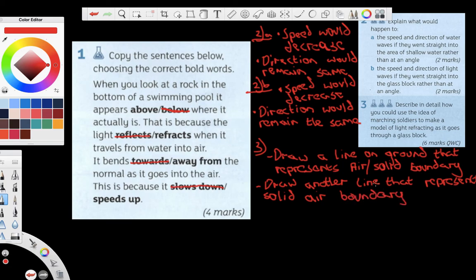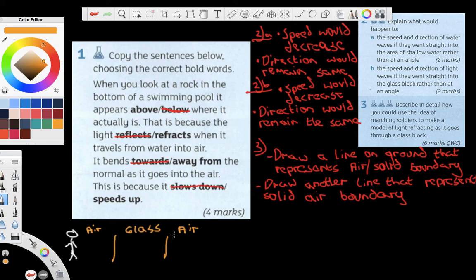So what we mean by this is if you had a marching soldier, who I'm going to draw as a stick man, you would need to draw some lines on the floor that show this is the solid and this is the air. So this would be the air, this would be the glass, and this would be the air again. So for 1 mark, you'd need to draw a line here to show where the air and glass is separate. And for another mark, you'd need to draw another line to show where the glass and air is separate.